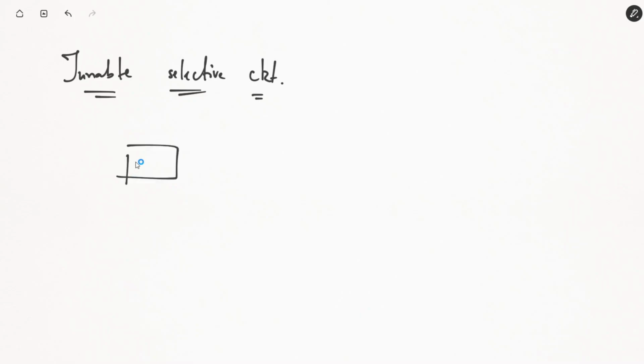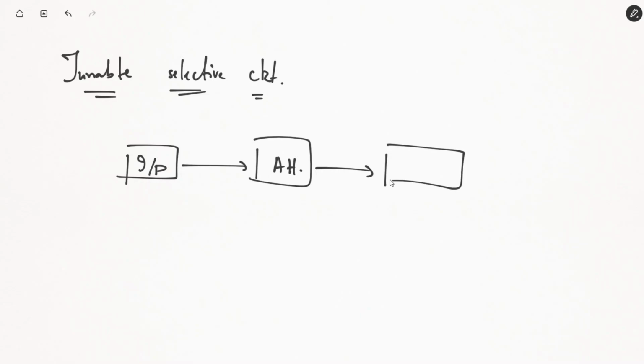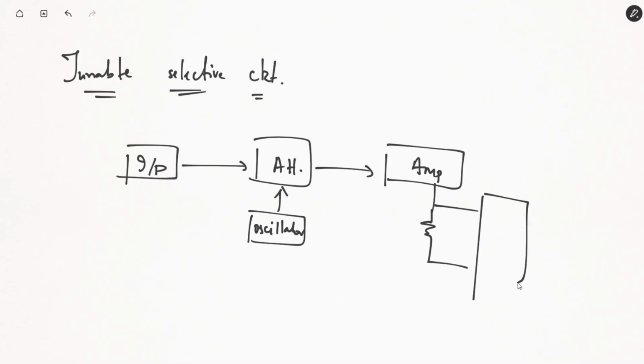So in case of a tunable selective circuit, this is the basic block diagram. You have an input and attenuator, you have an amplifier, you have one simple amplifier, you have a tunable amplifier as well.